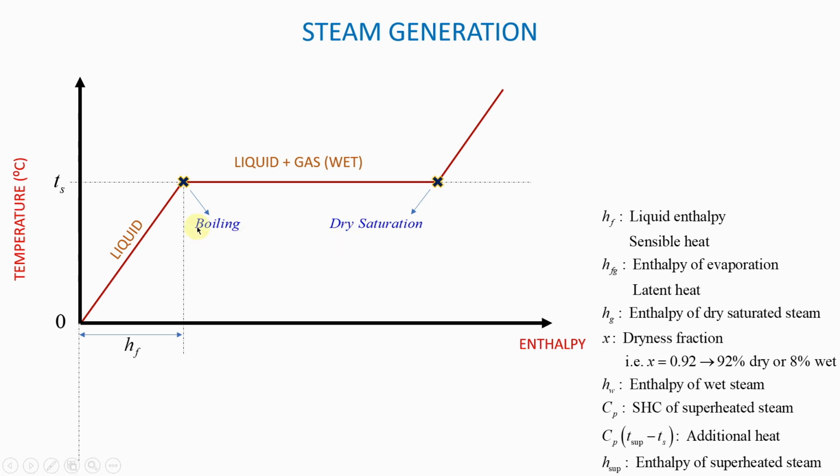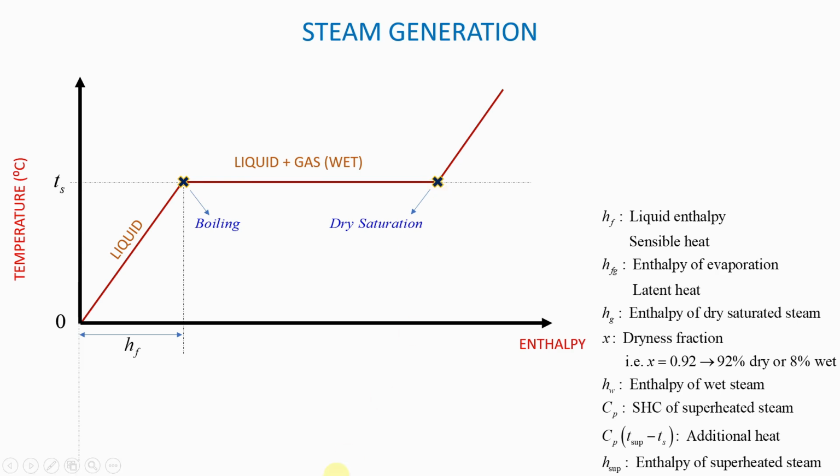Because from the moment the water begins to boil, though you are adding more heat to the water, the temperature of the water is not changing. And that will continue to remain constant until all that water is turned into dry saturated gas, where there is no more liquid, it is just dry gas. When we reach that point, this is what is referred to as dry saturation.